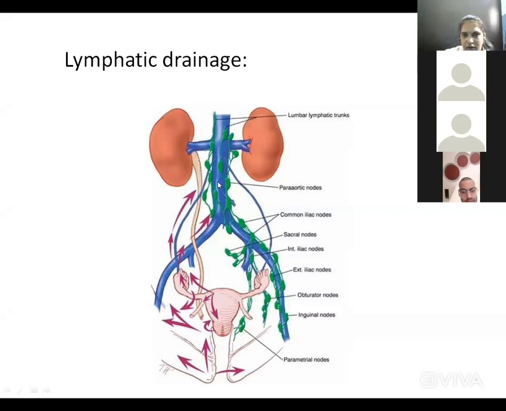To summarize: arterial supply is from the ovarian and uterine arteries. Venous drainage, after forming the pampiniform plexus, is on the left side into the left renal vein, on the right side into the inferior vena cava, and lymphatic drainage is into the pre and para-aortic group of lymph nodes.